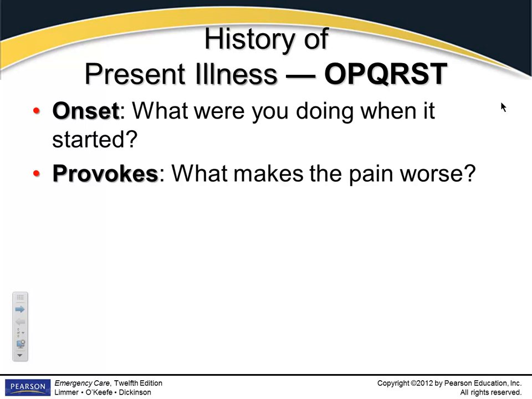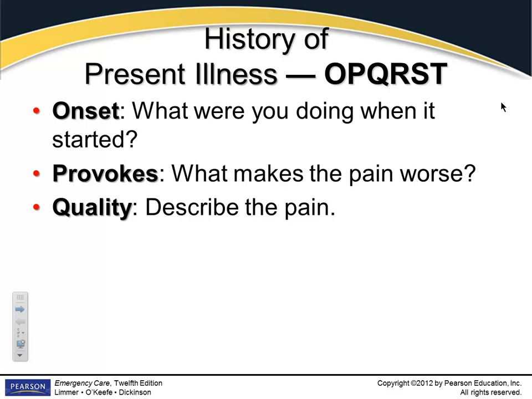So if you've got a patient, say you have a headache, you take an Excedrin, that's a palliative measure. You've taken that to alleviate your pain. So provokes or palliates, what makes it better or worse? So if I've got chest pain and I say, is there anything that makes it better or worse? He says, well, when I sit down and rest, it stops hurting. That's what palliates or provokes is. That's what the P is.